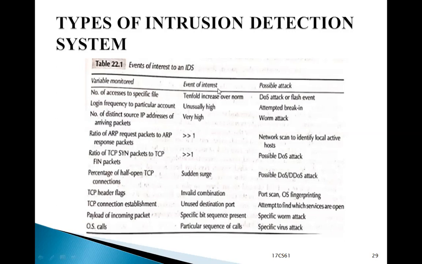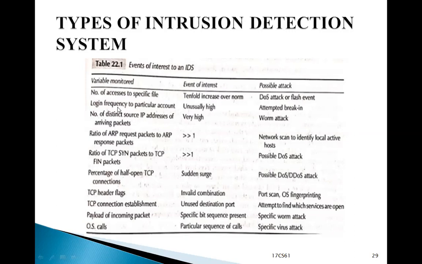The event of interest is related to the variable that is monitored by the IDS. From both of these, the variable monitored and the event of interest, it is going to detect the possible attack that has happened to the network.